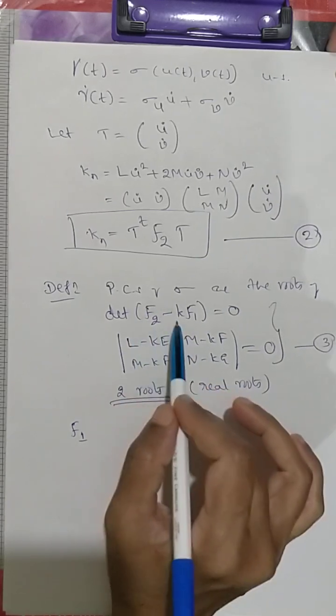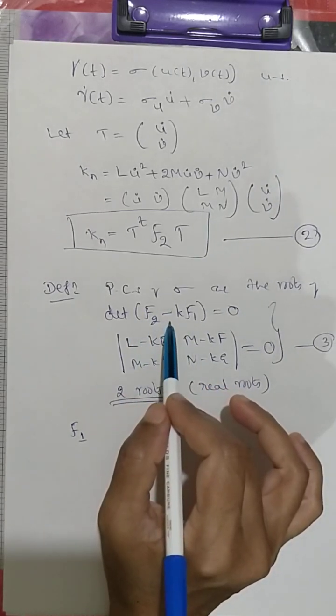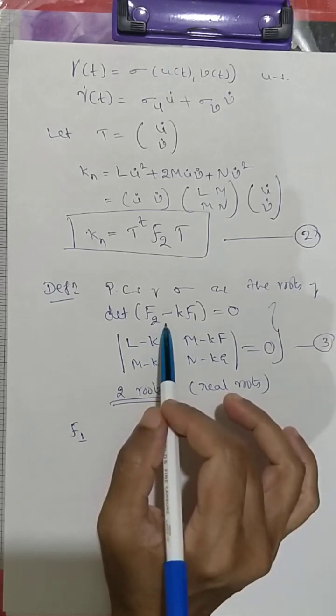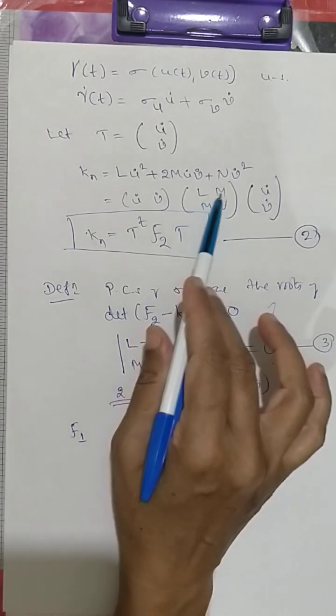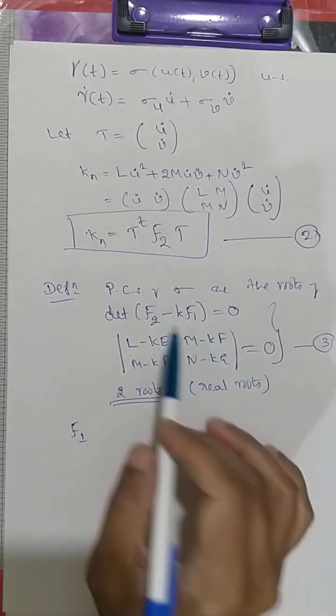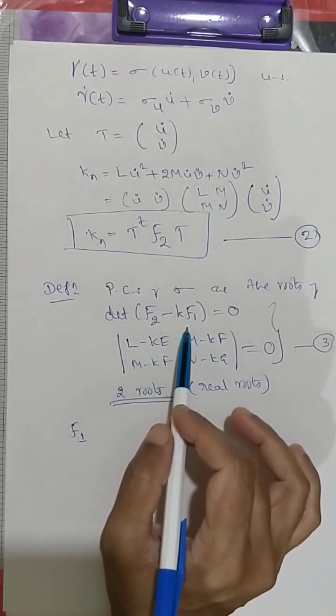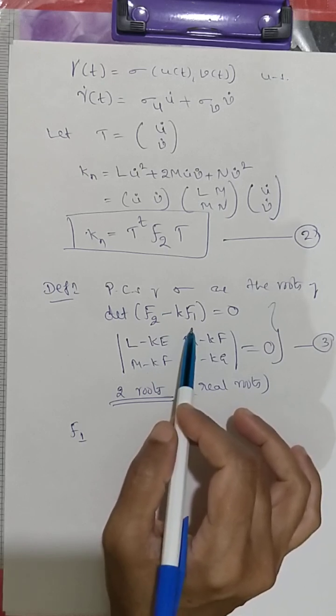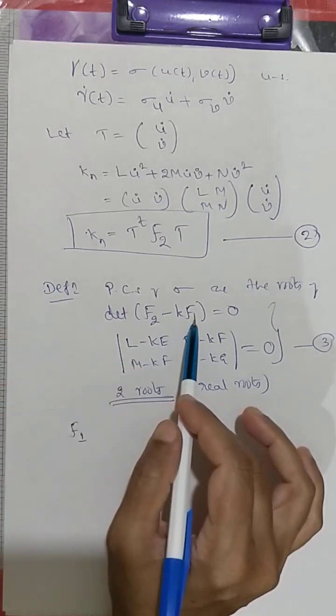But what is F2? F2 is a real symmetric matrix, LMMN. Hence, the eigenvalues of a real symmetric matrix are going to be real numbers in that case.